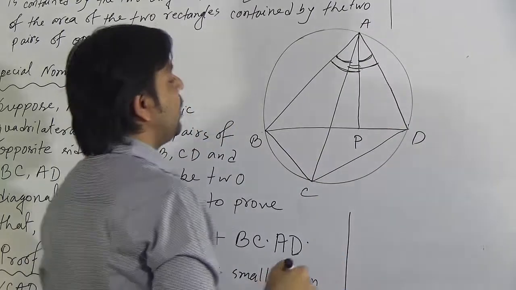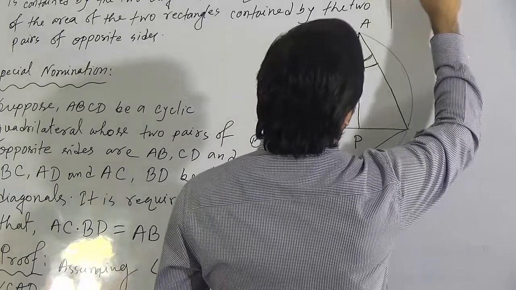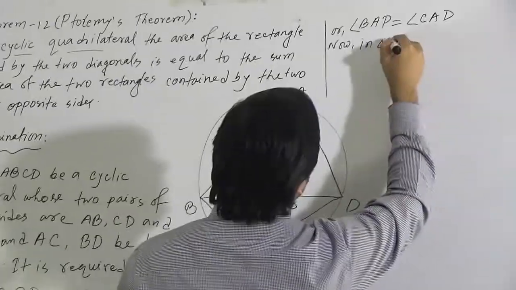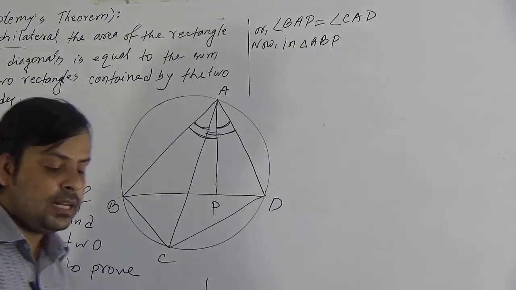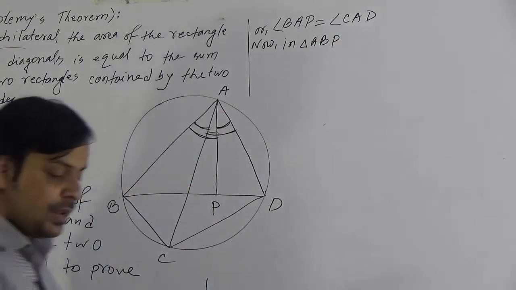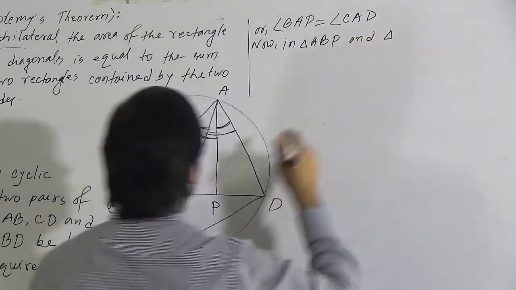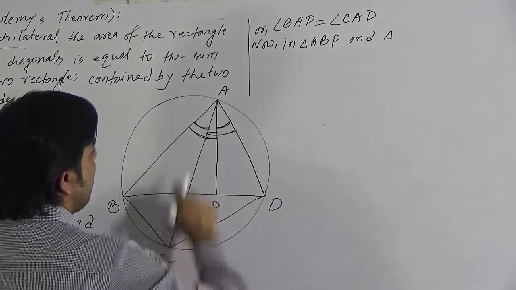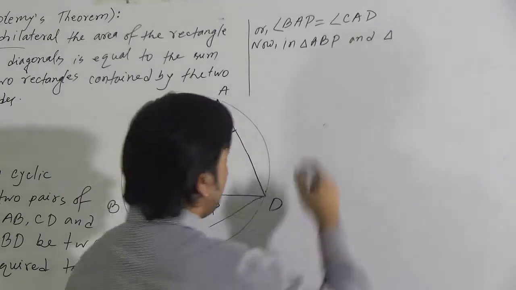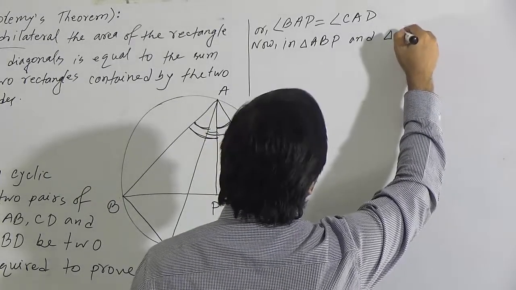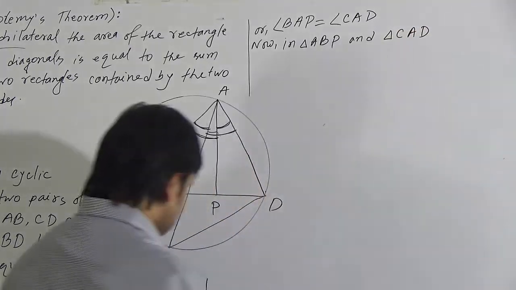So we can write here, now we will consider triangle ABP and triangle CAD or ACD.